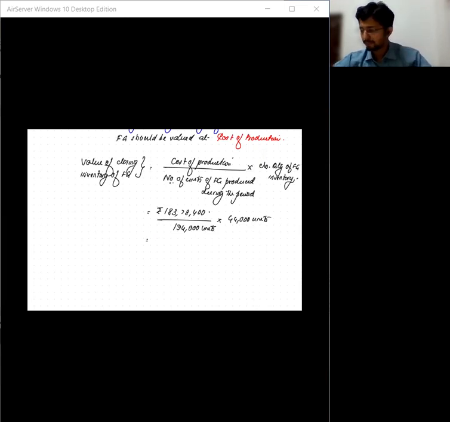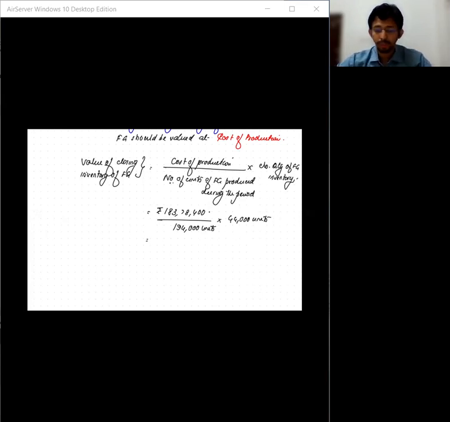What is the value? Let's see how much you get. 183,78,400 divided by 1,94,000, multiplied by 44,000.